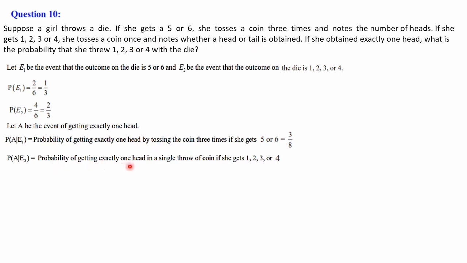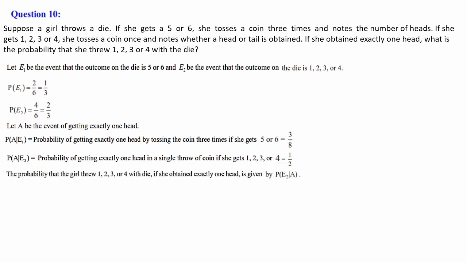So the probability of getting exactly one head in a single throw of the coin, if she gets 1, 2, 3 or 4, is 1 divided by 2, because she is throwing the coin only once and the probability of getting one head is only one chance. So 1 divided by total 2, head or tail, there are only 2 chances, so 1 divided by 2 is the probability.